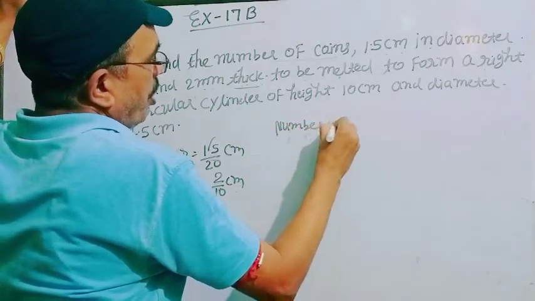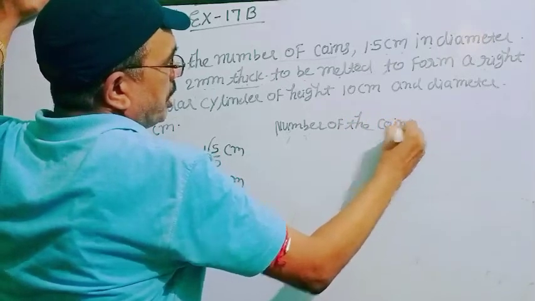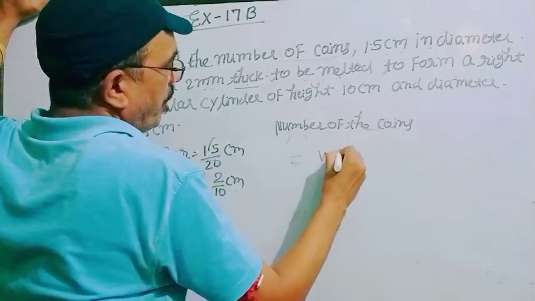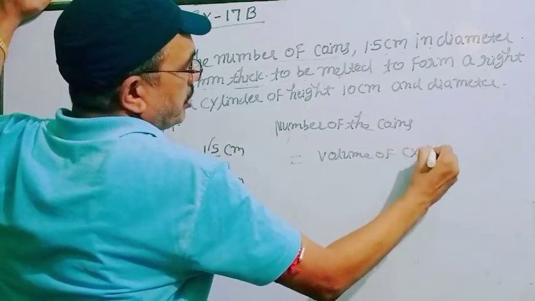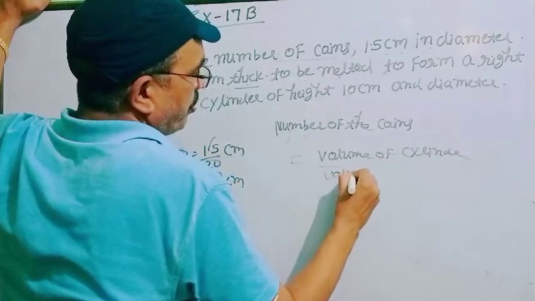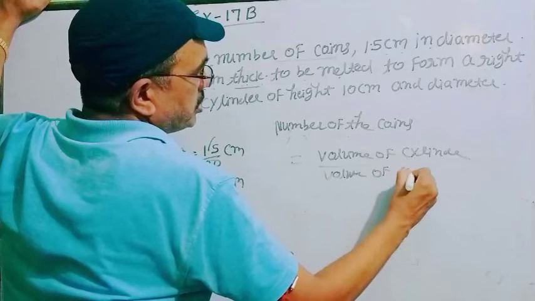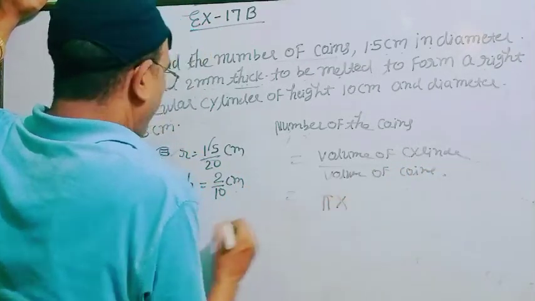Number of the coins is equal to the volume of cylinder divided by volume of coin. So volume of cylinder is pi r square.